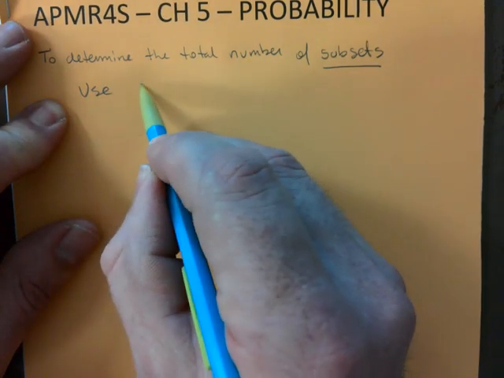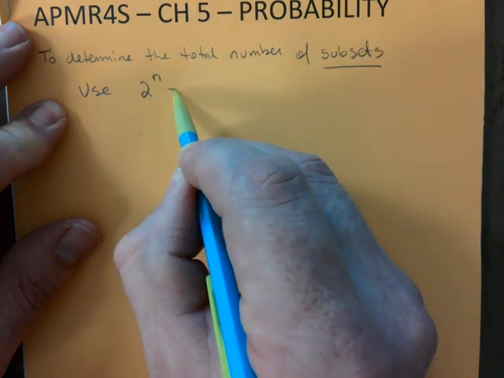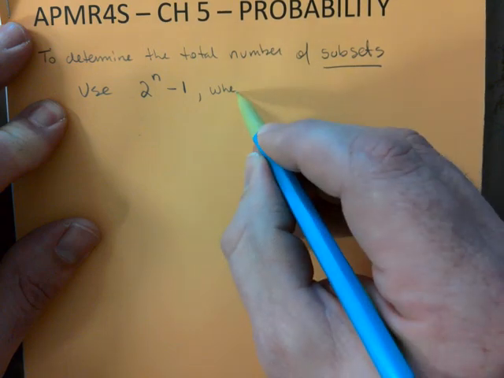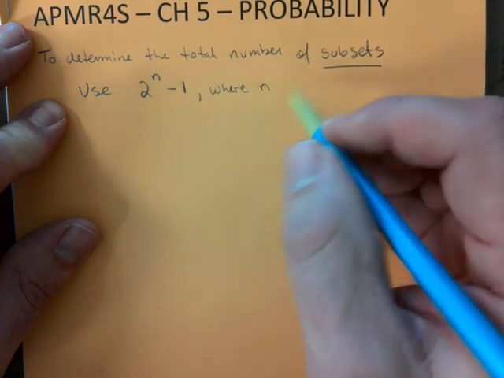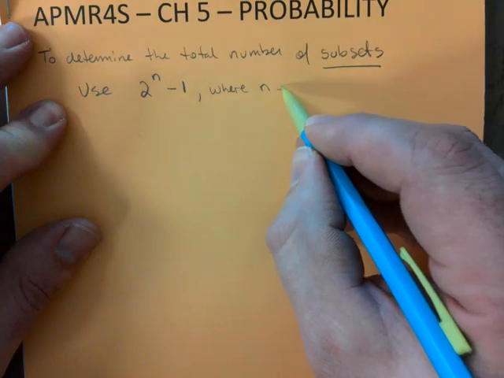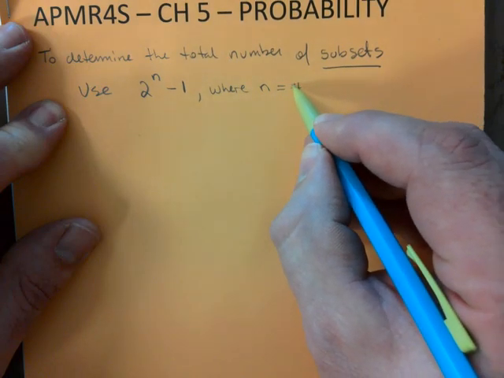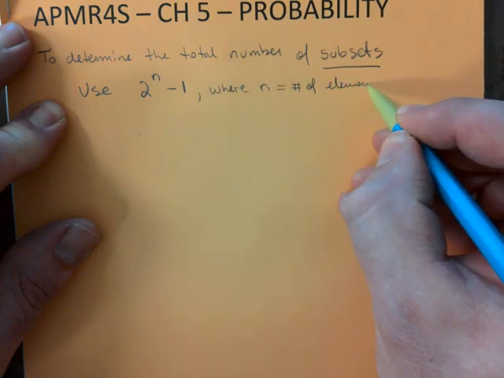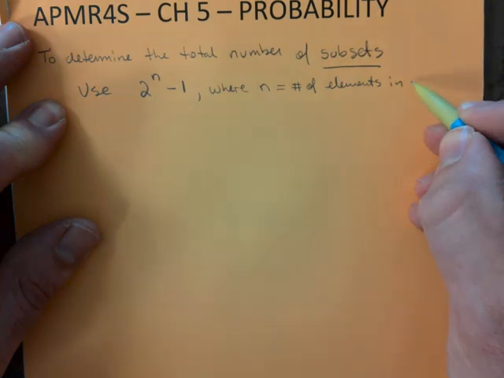Use 2 to the n minus 1, where n would be the number of elements in the universal.